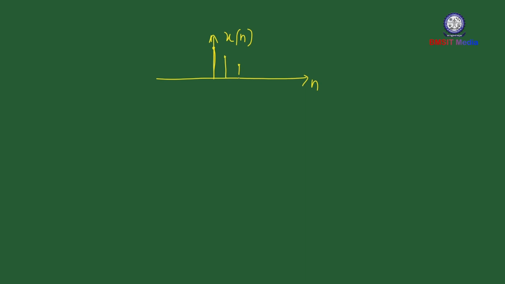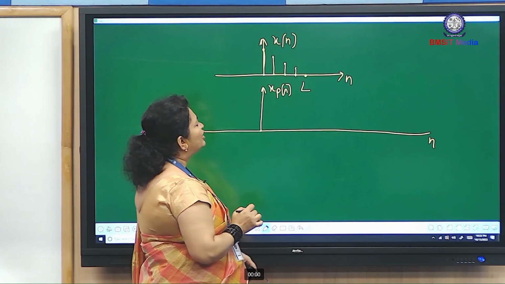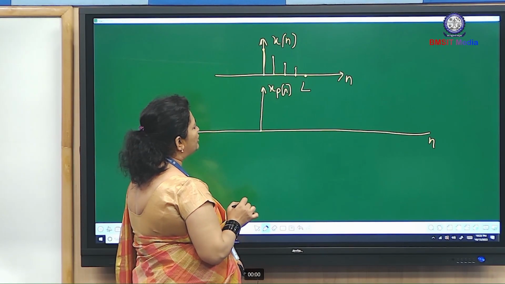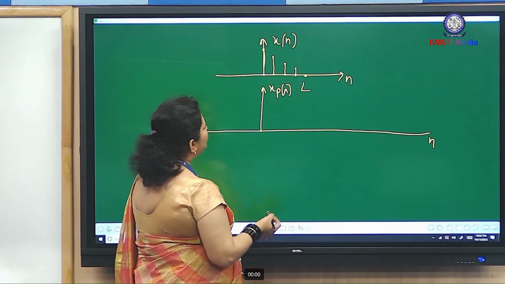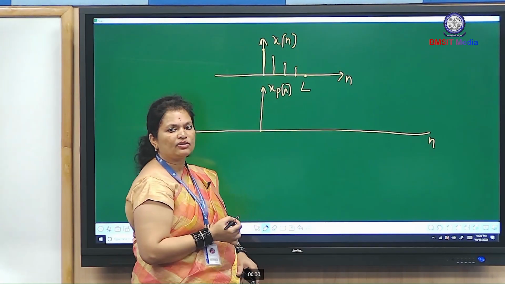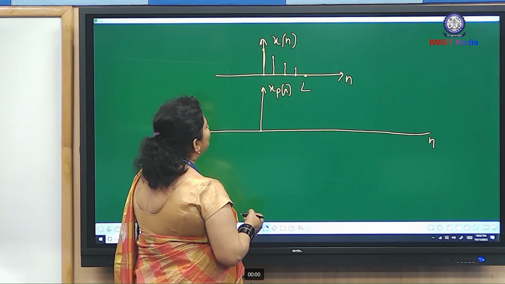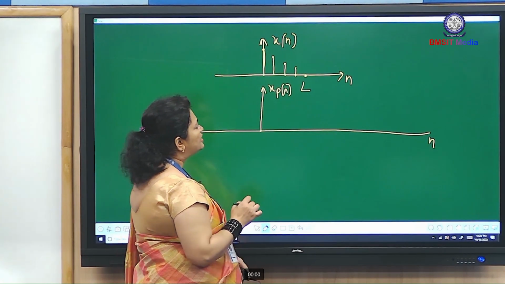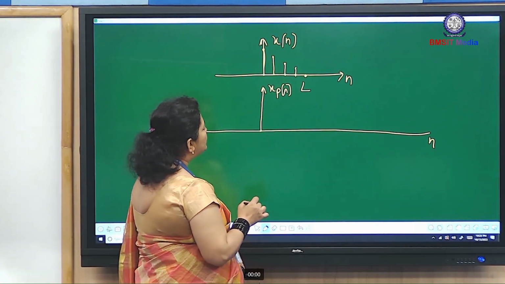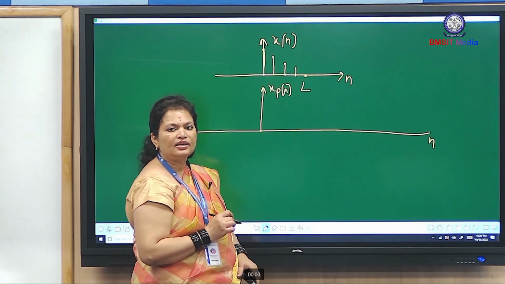Let the number of samples of this be L. Now I am going to expand this. I am taking two conditions here for expanding. Our first condition is when the fundamental period of xp of n is greater than the number of samples present in x of n. Second condition, when the fundamental period of xp of n, that is n, is less than the number of samples present in x of n.